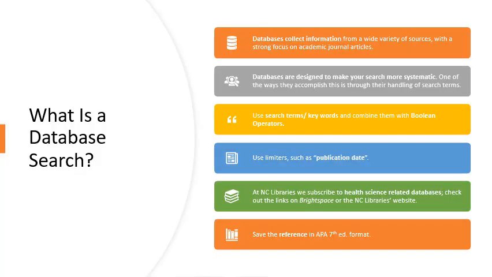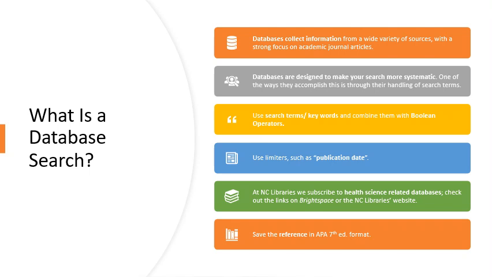We've already talked about database searches, but I wanted to just make sure we understand a little bit more about what a database search is. So databases collect information from a wide variety of sources. These typically focus on scholarly academic sources like journal articles, but books, news articles might also appear.